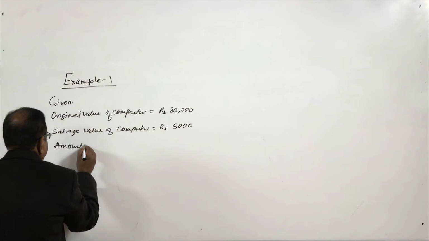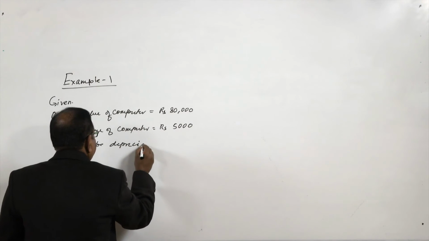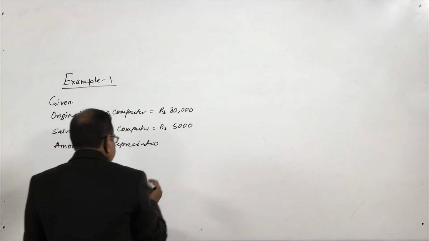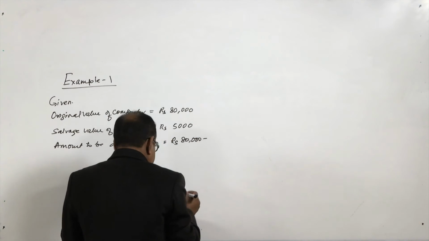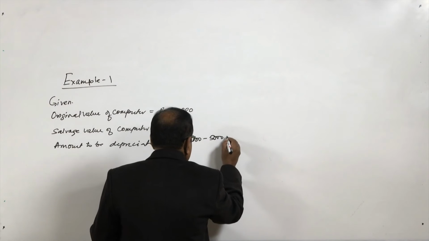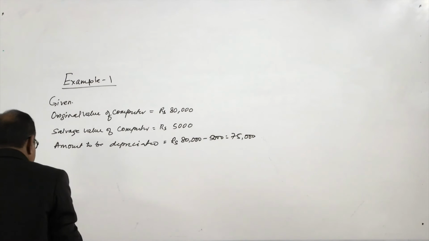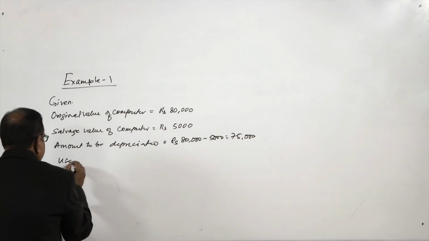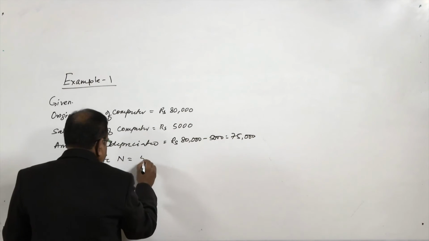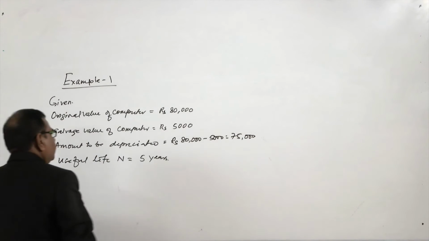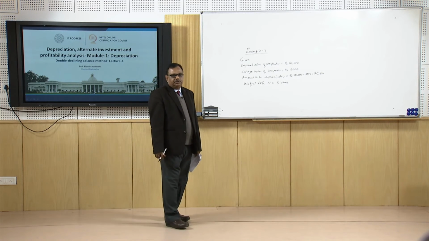Amount to be depreciated is equal to rupees 80,000 minus 5,000 equal to rupees 75,000. Useful life n is equal to 5 years. Now, these are the parameters under which we have to compute the depreciation.